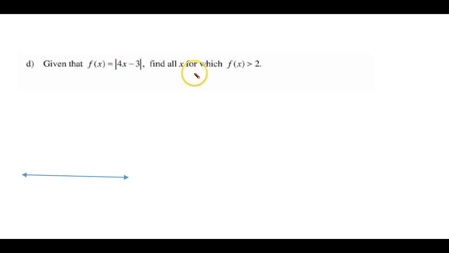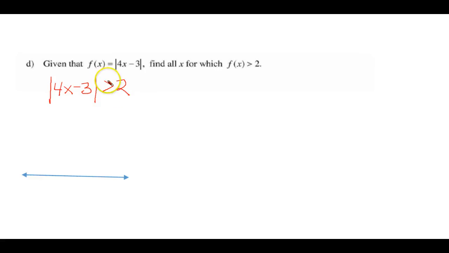Okay, so again, understanding this. So this is just in function notation, and basically we can set it up this way. Absolute value of 4x minus 3 is greater than 2.